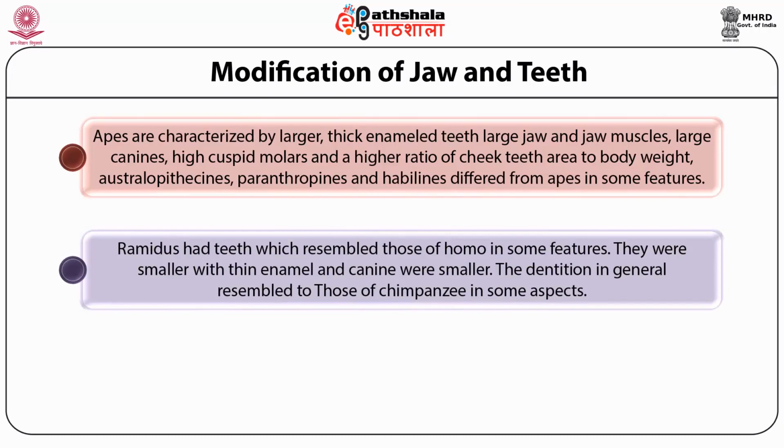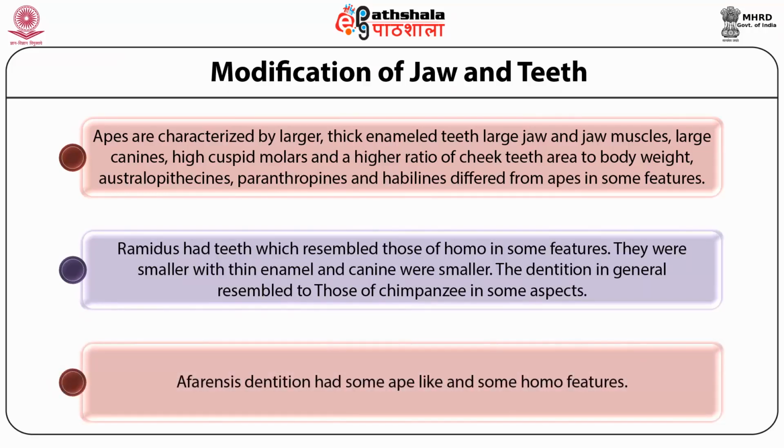They were smaller, with thin enamel and reduced canines. The dentition in general resembled that of chimpanzees in some aspects. Similarly, Australopithecus afarensis dentition had some ape-like characteristics and some Homo-like features.